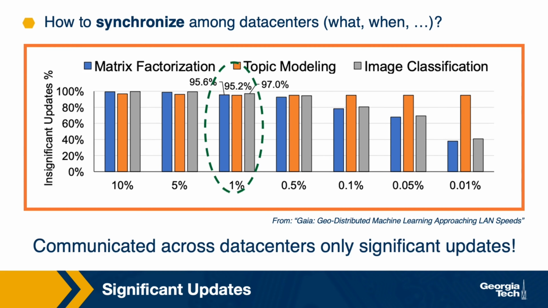So the key idea in Gaia is to use only the significant updates for the remote updates, meaning only the significant 3 to 5% of the updates will be communicated across data centers, and the remaining ones remain processed only on the parameter servers within the local data center.